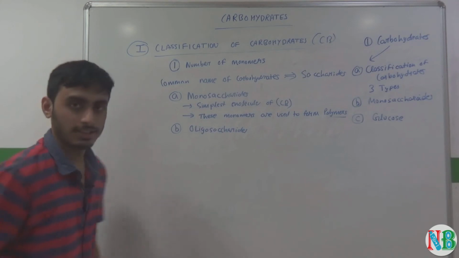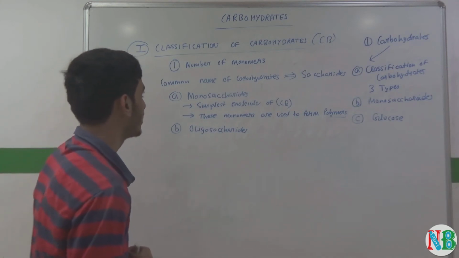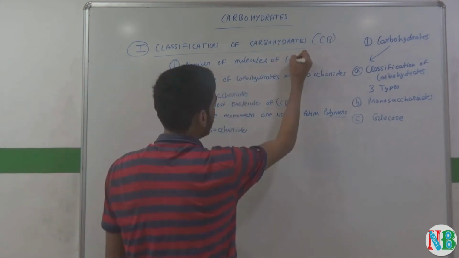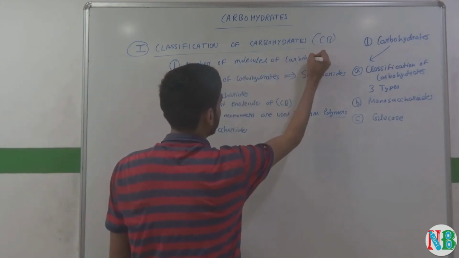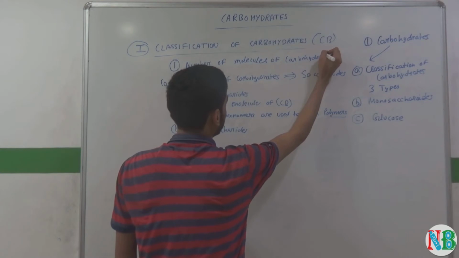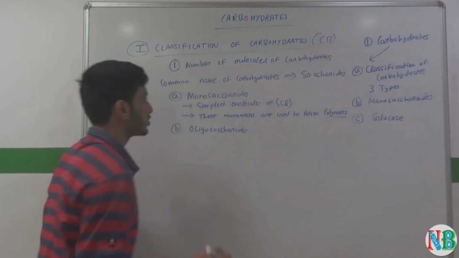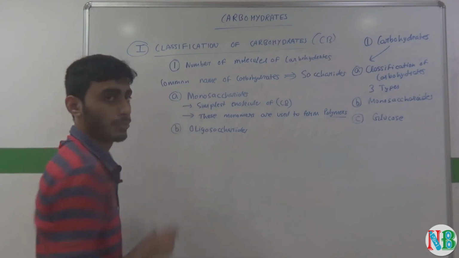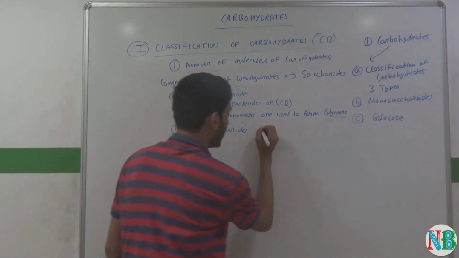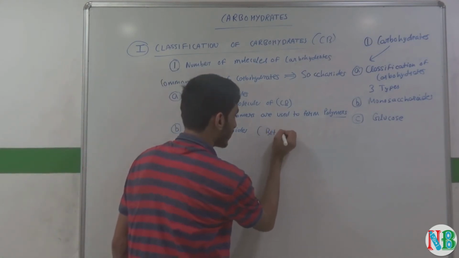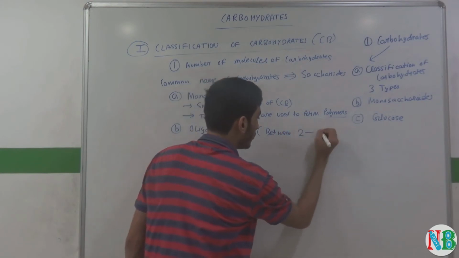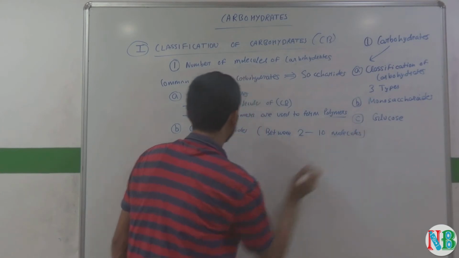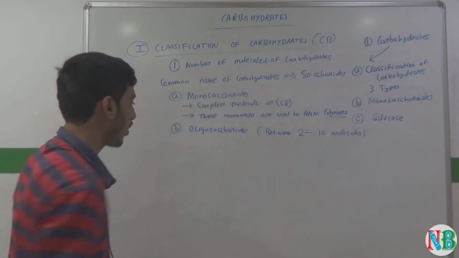As I have said, in this section we arrange them on the number of molecules of carbohydrates. If it contains only one, then it is called mono. If it contains 2 to 10 molecules, then it is called oligo.